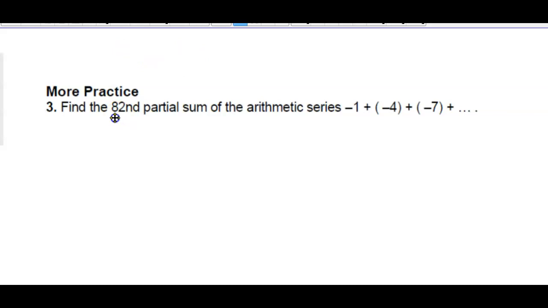Find the 82nd partial sum, so that means the sum of the first 82 terms of this sequence. And it says it's arithmetic, so we can tell the difference is negative 3. So we know the first term, so we're going to add up 82 terms.